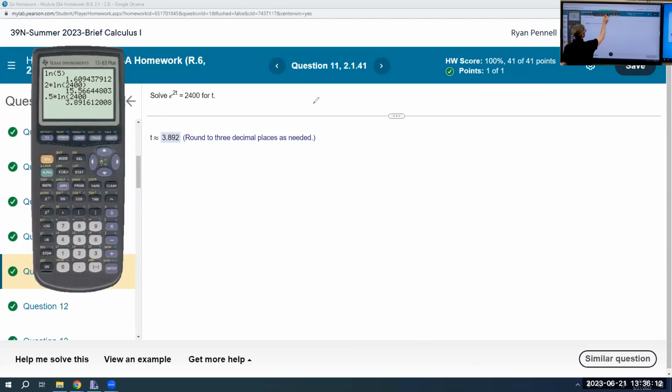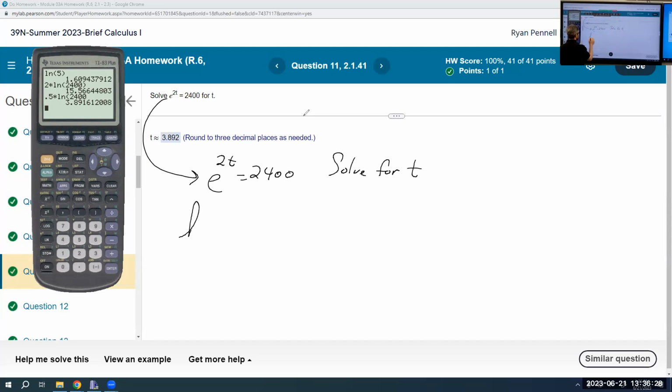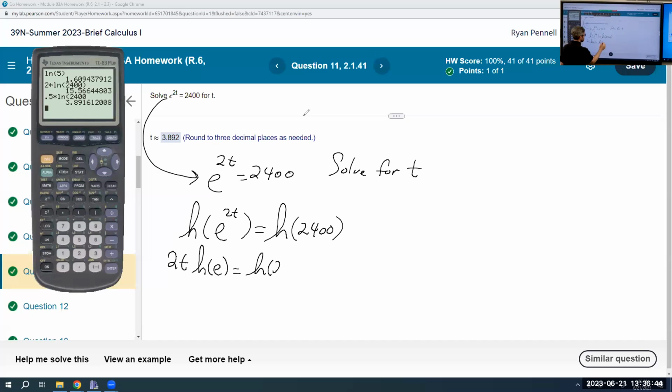Let me say it one more time, hopefully more clearly. e to the 2t equals 2400. We want to see what t equals. Solve for t. I claim if we take the natural logarithm of both sides, what's going to happen? 2t comes out, the exponent comes out, natural logarithm of e, ln 2400.